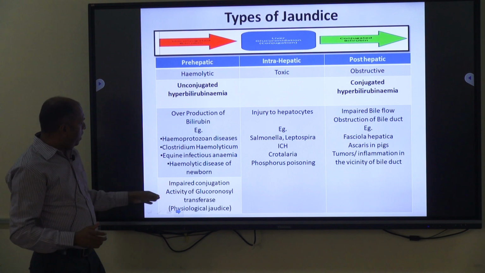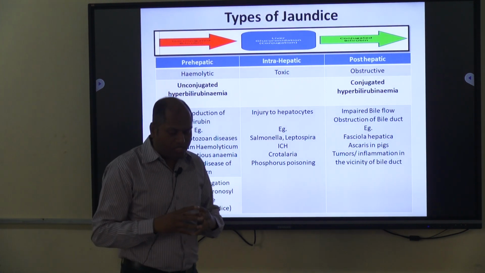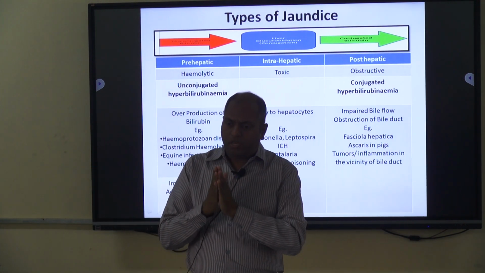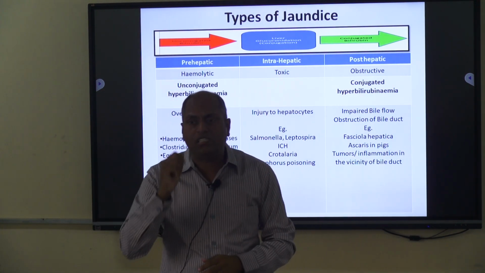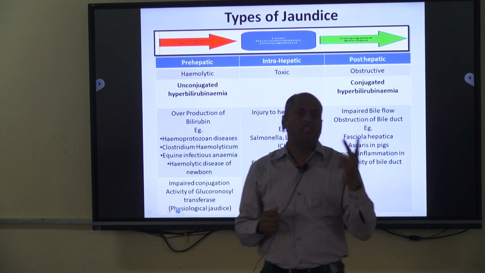Another important thing is impaired conjugation. What is impaired conjugation? Students, you might have heard about two important conditions in newborn babies. One is pneumonia and the second one is jaundice.